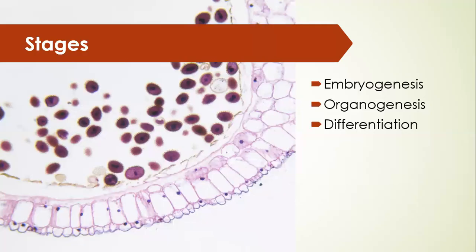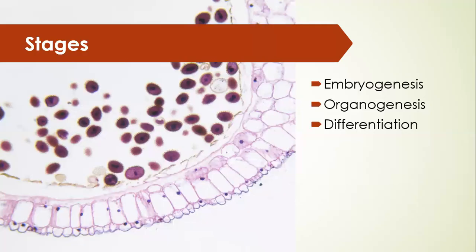Only the development of the cornea has started. But in organogenesis, the complete structure develops. All the layers of the cornea develop, and the lens is completely developed. So in organogenesis, a complete structure develops, right?